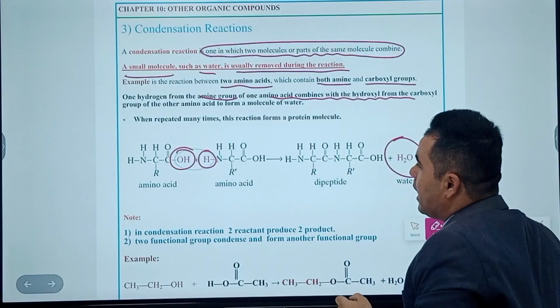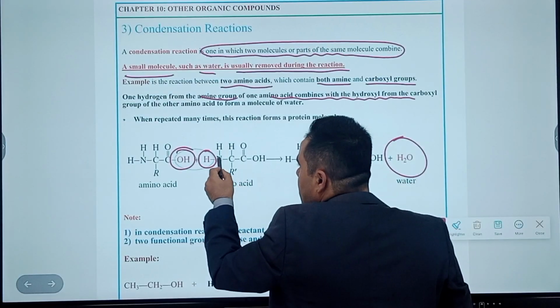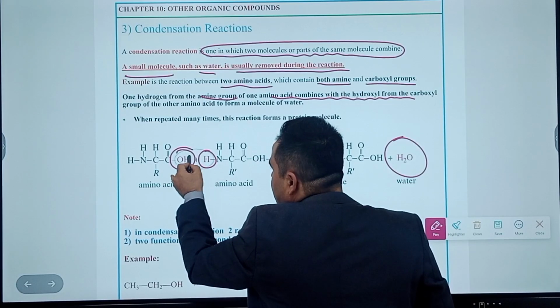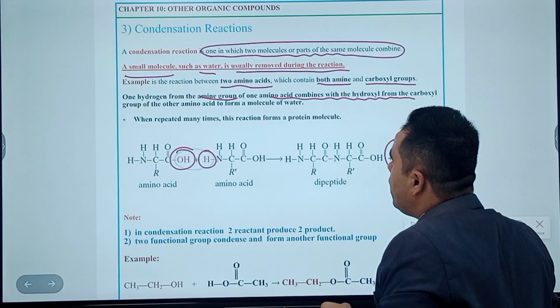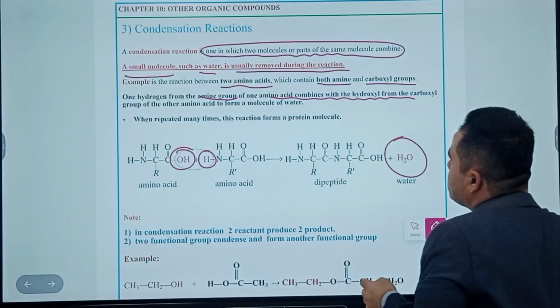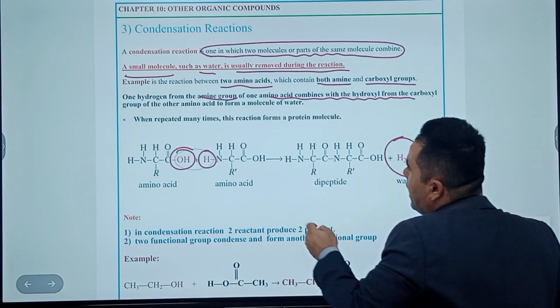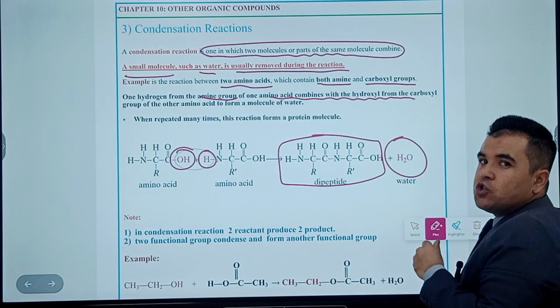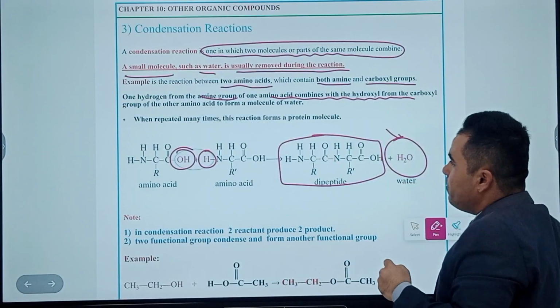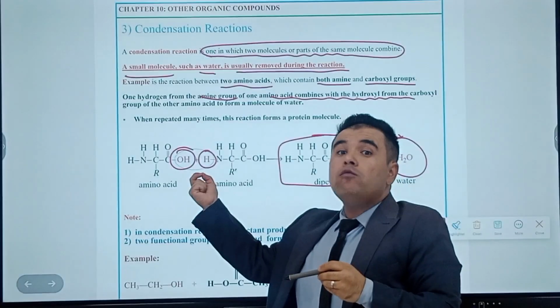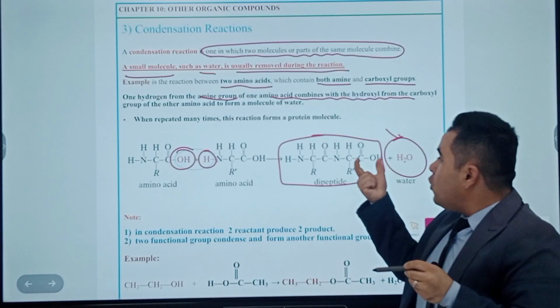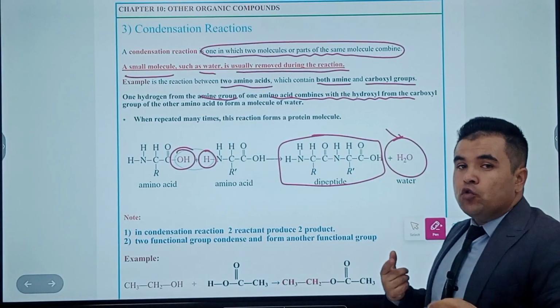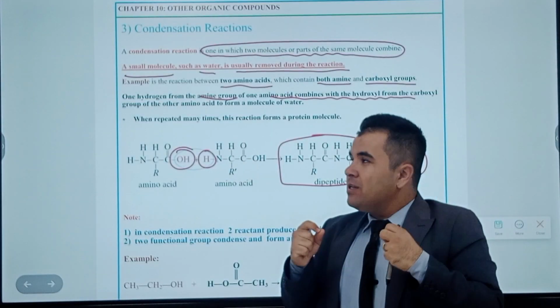The H from the amine combines with the OH from the hydroxyl group, and then they form a longer chain, a longer structure, with H2O. Two small molecules form a longer molecule with H2O. That's a condensation sign.